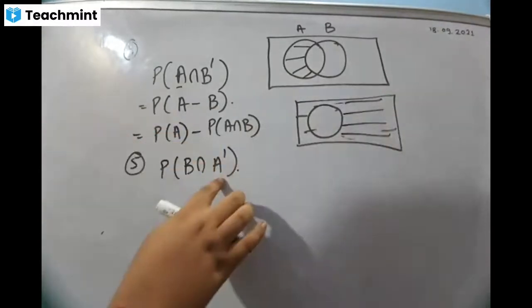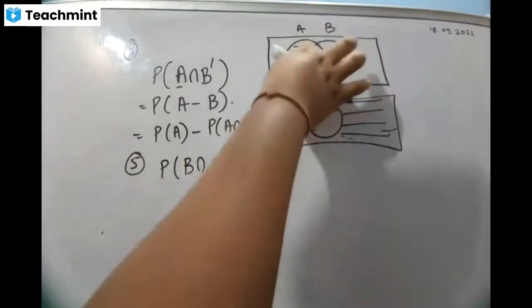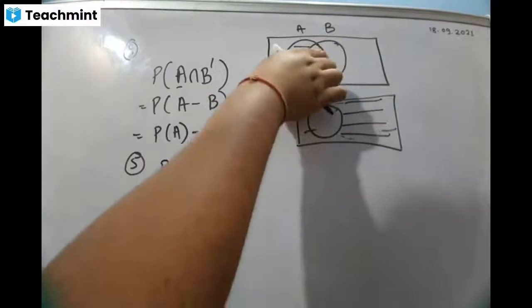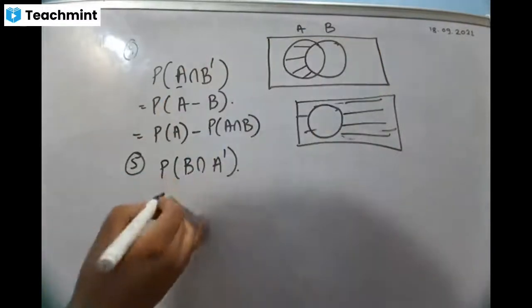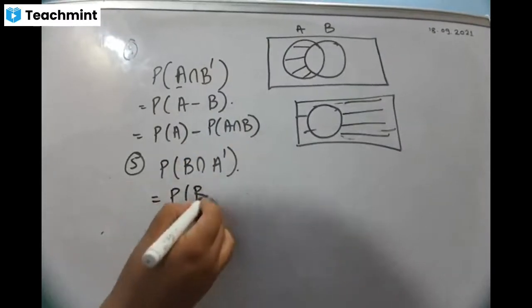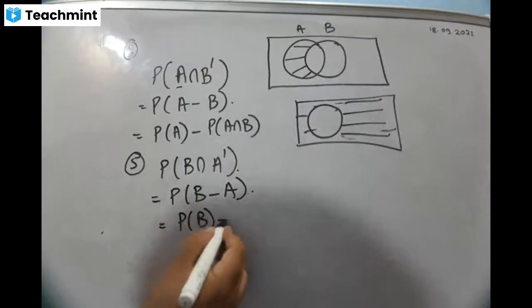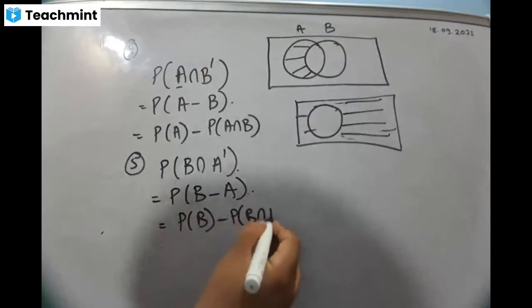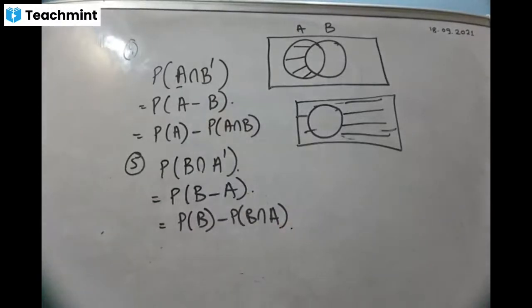Got it? Then intersection with B: that means this entire thing is B. This much is A, and this is not included. So this part is probability of B intersection A complement, which is nothing but probability of B minus A, and that is equal to probability of B minus probability of B intersection A. B intersection A or A intersection B is the same thing.